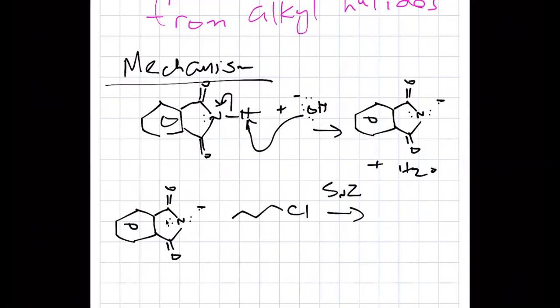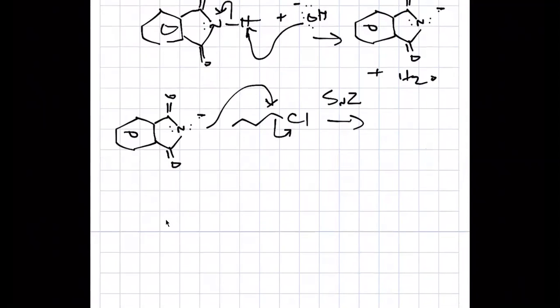So at this point, it's just a substitution, an SN2 substitution on the alkyl halide. So you end up with, I'm going to cheat just a tad, you end up with that as the product.